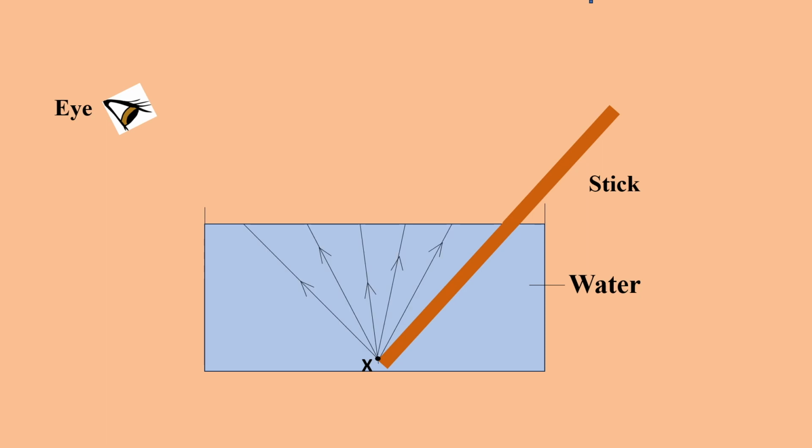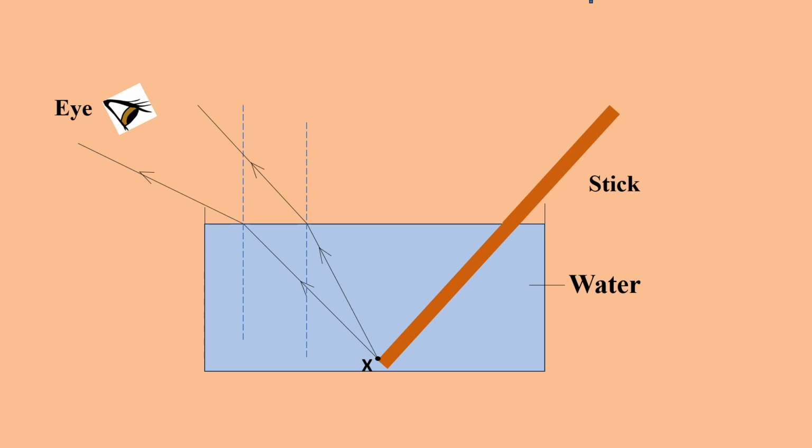Rays of light coming from point X move in every direction. However, to determine the position of point X, two rays of light are enough. Each ray of light will be refracted as it moves from the water into air.